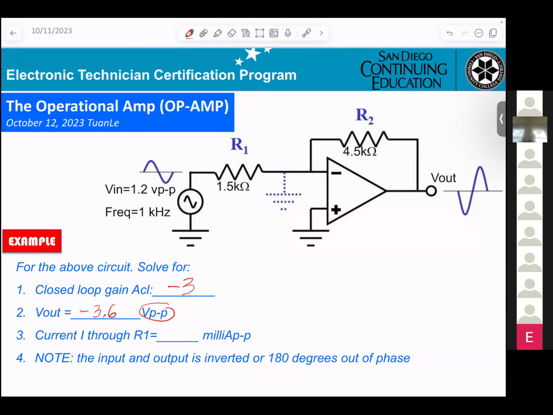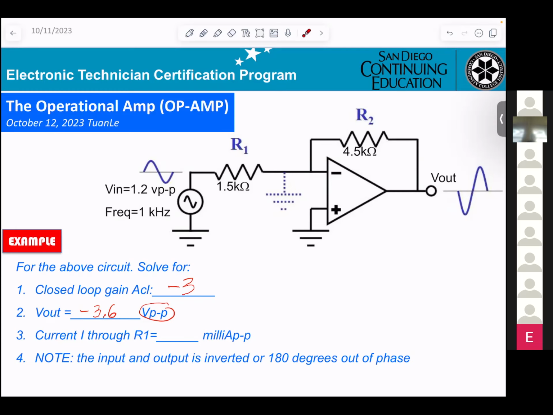However, AC, you cannot say positive or negative. Minus 3.6 just telling you input output will be out of phase. That means input going up, output going down. They're just opposite. Okay?